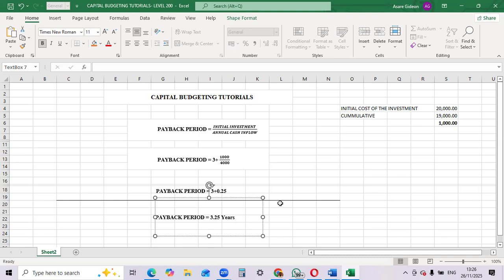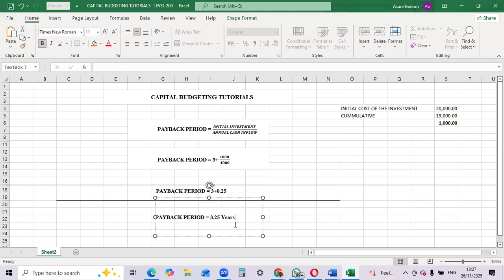Let's multiply 12, which is 12 months, times 0.25. It is 3. Are you getting it? It is 3.